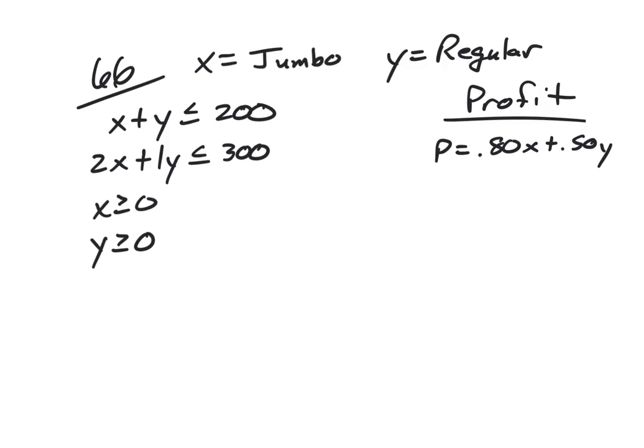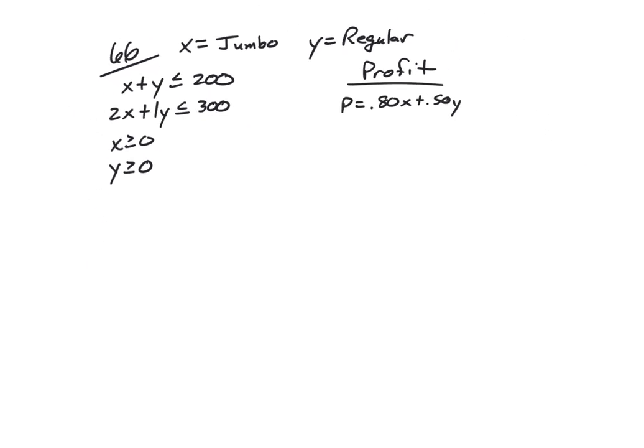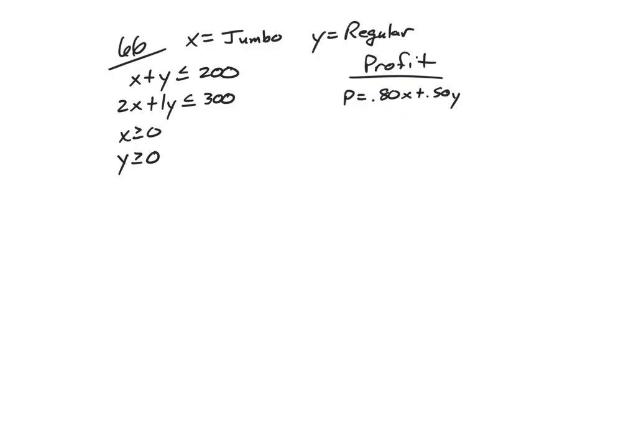If I choose to make all of one type, 0 would be something I could make, but I can't make negative. So once again, we're going to be limited to the first quadrant, almost always, especially on these story problems. Which tells me that we're going to just deal with the first quadrant again.